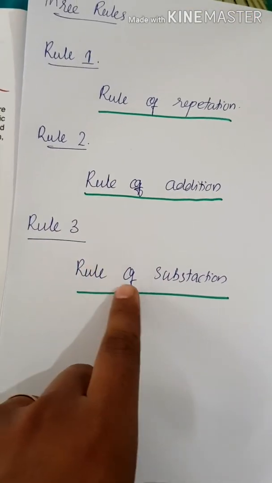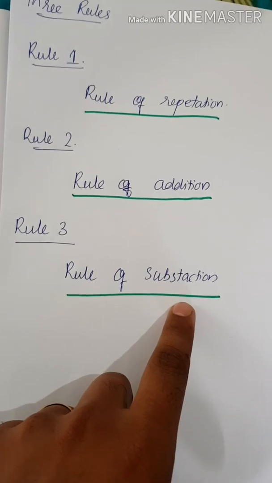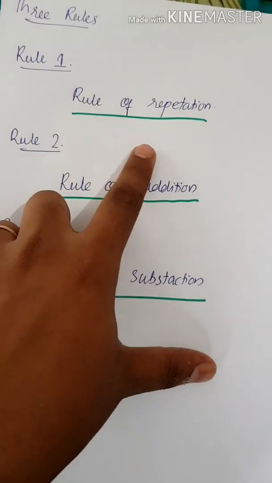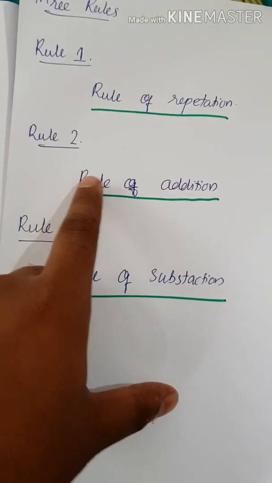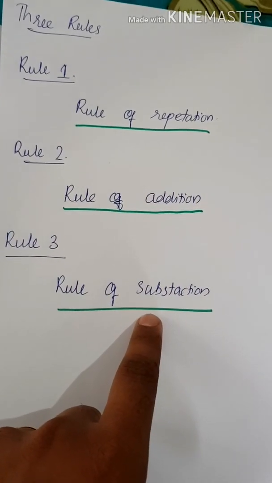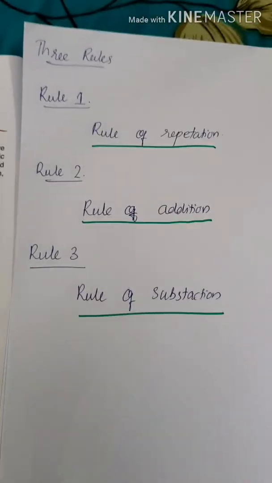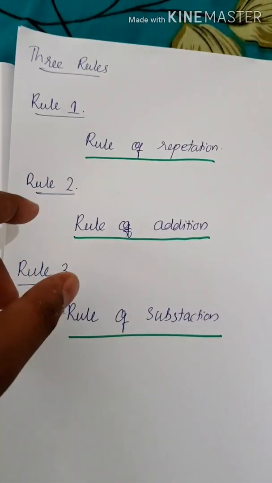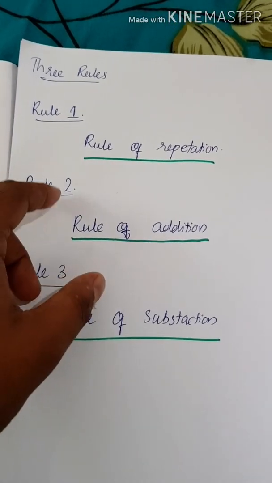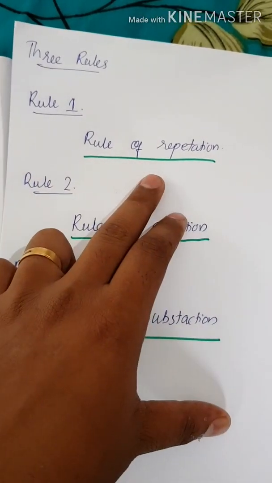And rule 3, rule of subtraction. Understood? Once again students, rule 1, rule of repetition, rule 2, rule of addition, and rule 3, rule of subtraction. Okay students, let us learn each rule one by one. Don't worry.